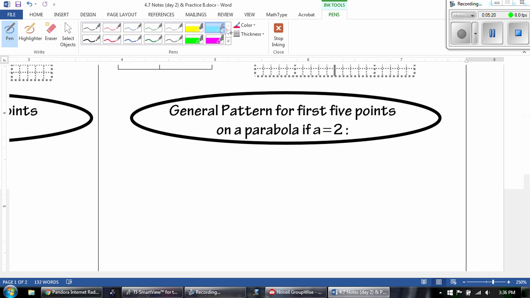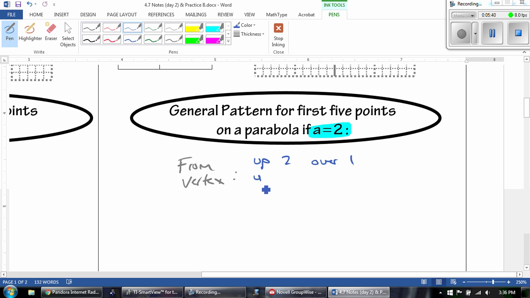So the general pattern for when a equals 2, okay, once again, we're talking about from the vertex each time, I would go up 2 over 1, up 8 over 2, okay?